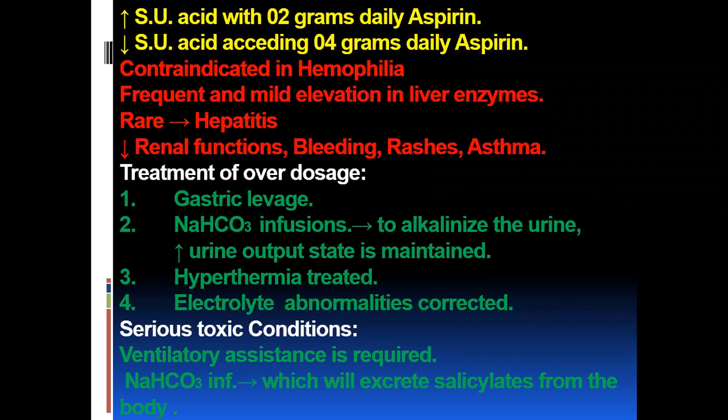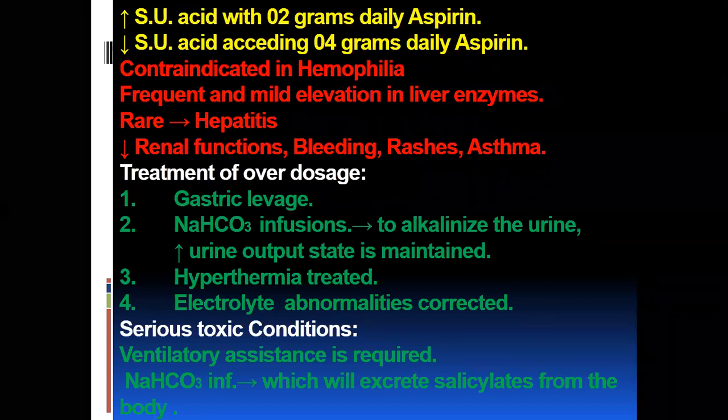Contraindication in the cases of hemophilia, because there are bleeding tendencies. Then frequent and mild elevation in liver enzymes can occur, then rare is hepatitis, and decreased renal functions can occur, bleeding in the cases of bleeding tendencies, then rashes and asthma due to allergic reactions.